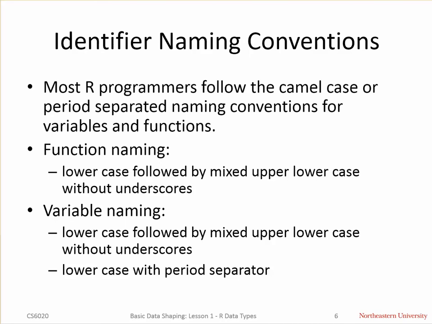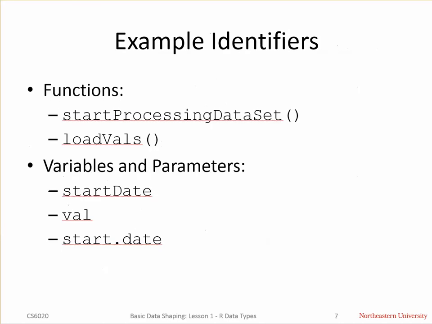Regarding variable naming, we generally again start with a lowercase letter followed by mixed upper and lowercase letters without underscores, unless it's a constant. Constants a lot of programmers name by using all uppercase letters. But some programmers also use the period separation mechanism where they have lowercase letters separated with periods. So here's some examples of common identifiers.